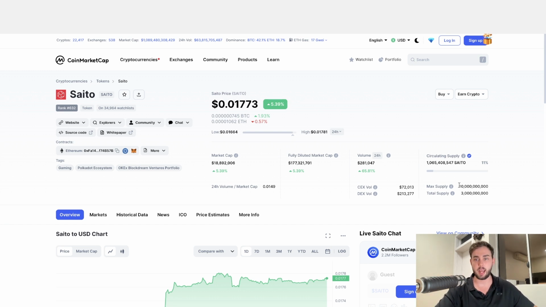If, in this case, I'm just nitpicking here, I'm just picking Saito because it's a good example. Let's just say we bought it at $20 million, let's just round up, and the token price is at 2 cents a token, okay? Well, if in 2025 it's over here at 50%, so if it's gained a 39% increase in circulating supply, well, guess what?